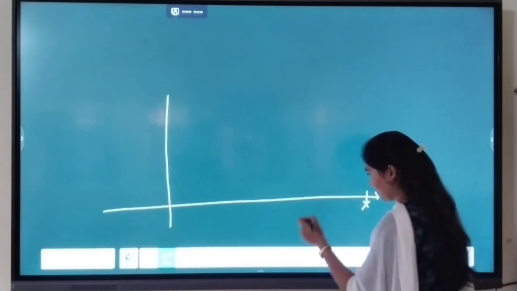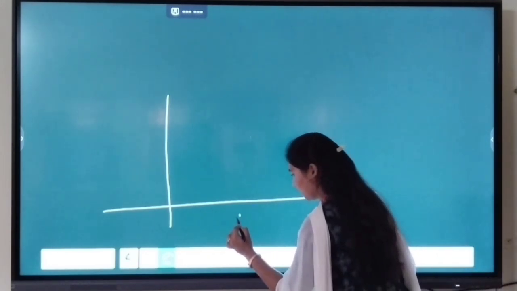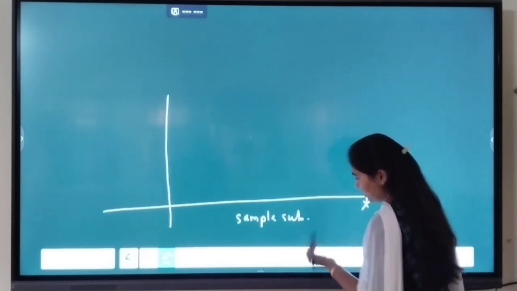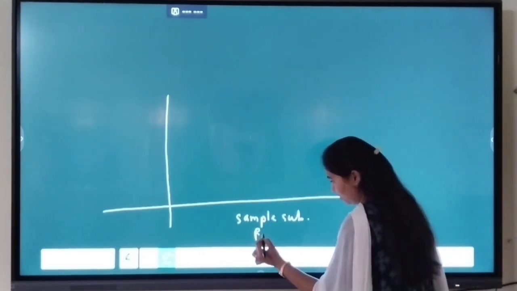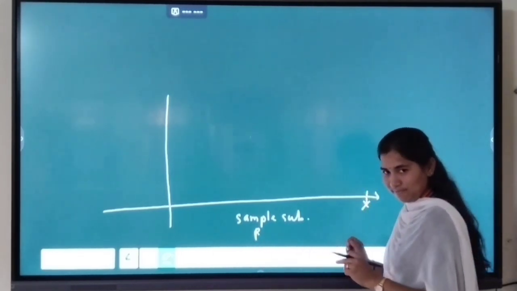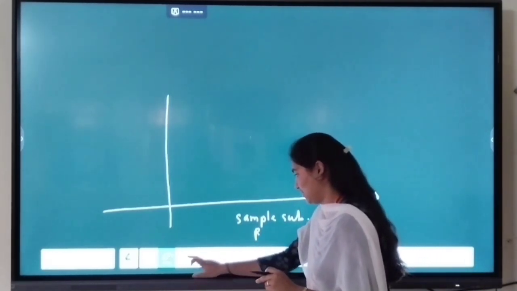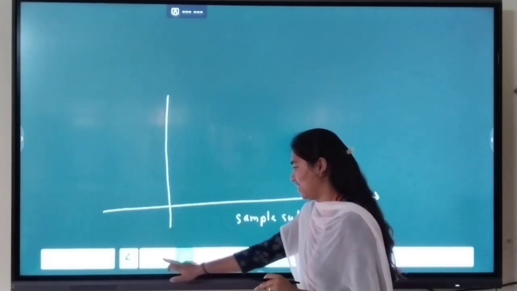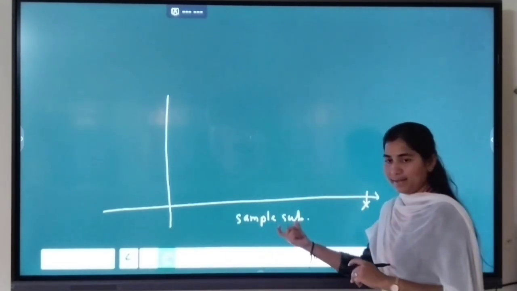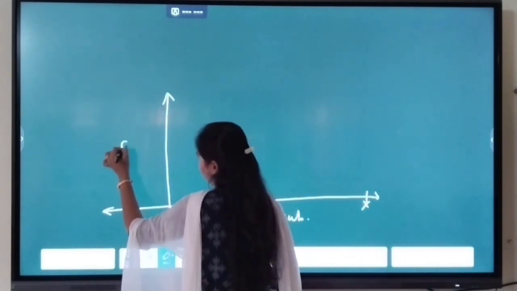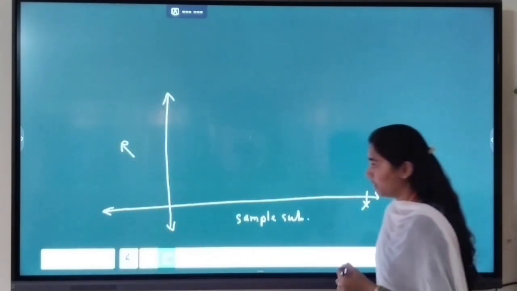Similarly to what we discussed last time, on the x-axis we take sample subgroups, and on the y-axis we take the statistic, which here is our range.